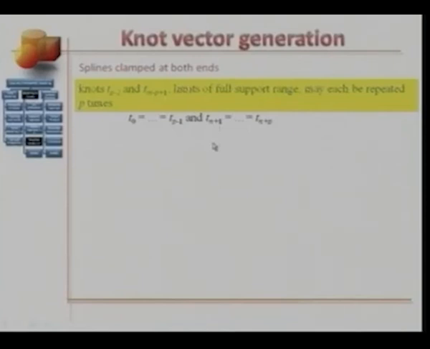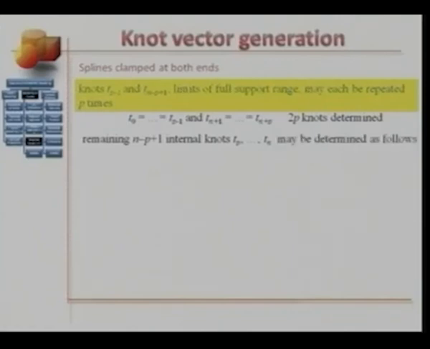How about the rest of the knots? They will be the remaining n minus p plus 1 internal knots given by Tp, Tp plus 1, Tp plus 2 up till T sub n. And these can be determined as follows.